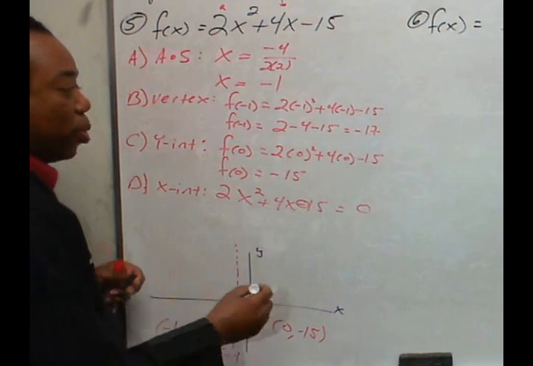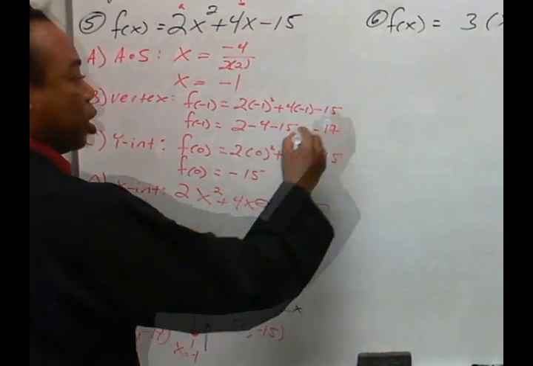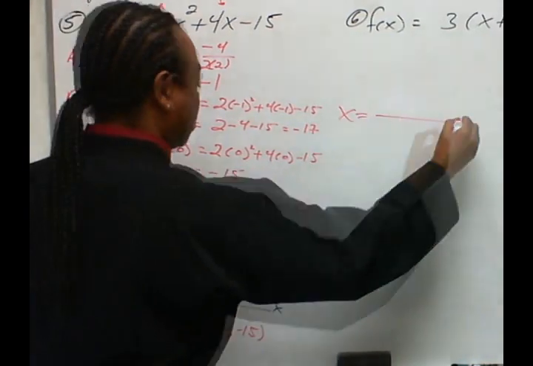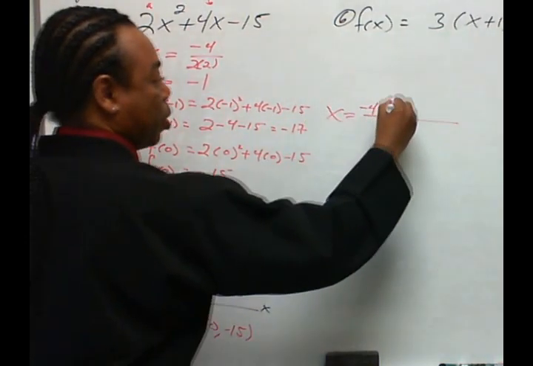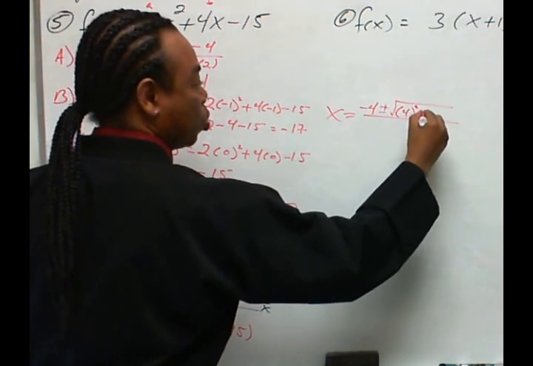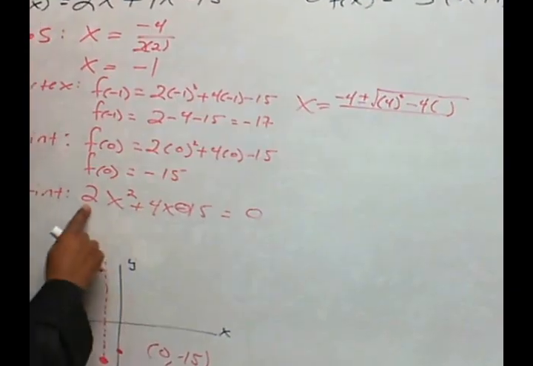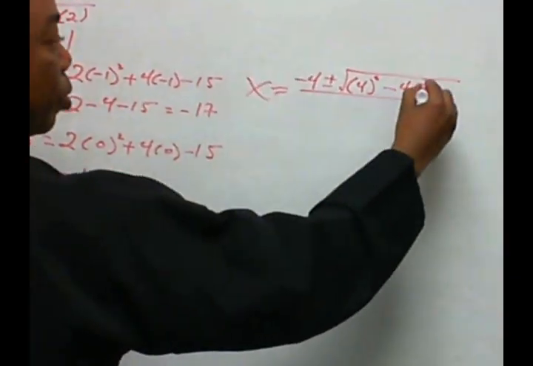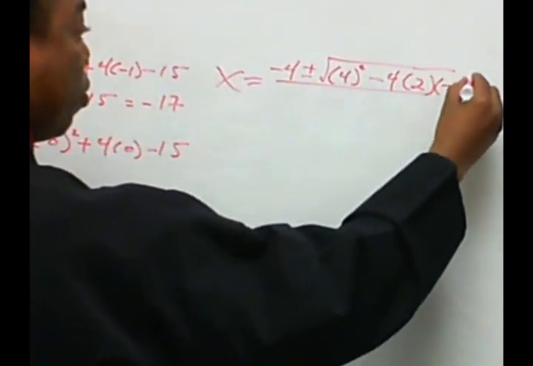So the quadratic formula will have x equal to the opposite of b, which would be -4, plus or minus the square root of b, which is 4, squared, minus 4, times a, which is 2, then times c, which is -15.